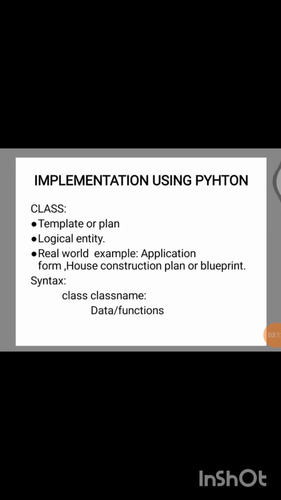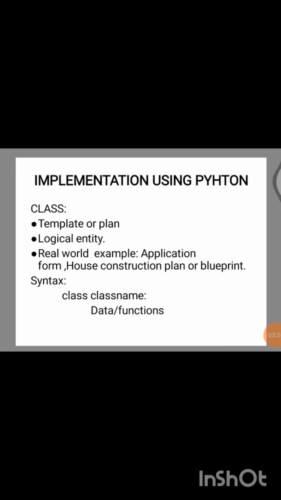The blueprint is nothing but your class. Another example is an application form. Wherever you go, the application form they provide for each and every person will be the same, but only the data entered will differ. So that template is called a class.